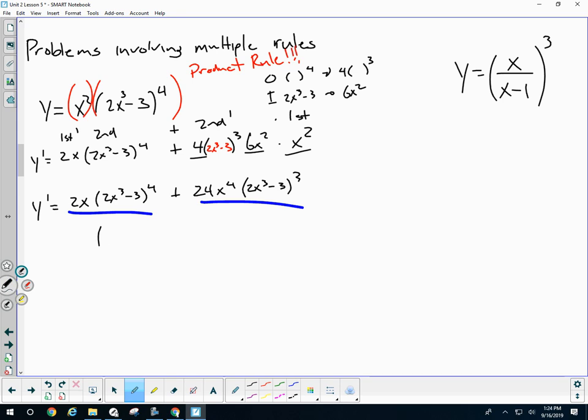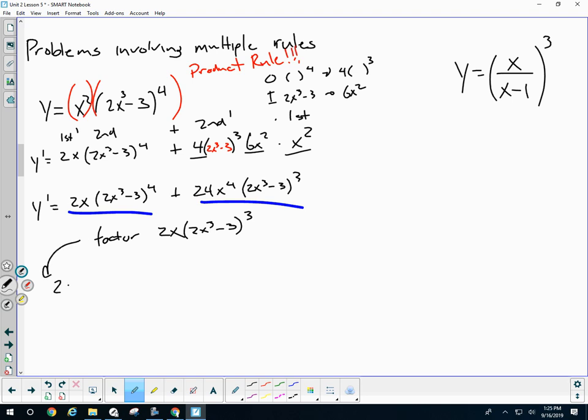If you notice that you not only can pull out a 2x, but you could also pull out 3 of these 2x cubed minus 3s, you are on top of this. So that's getting factored out.